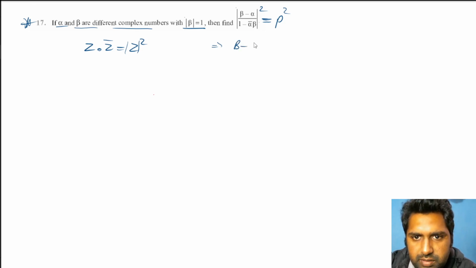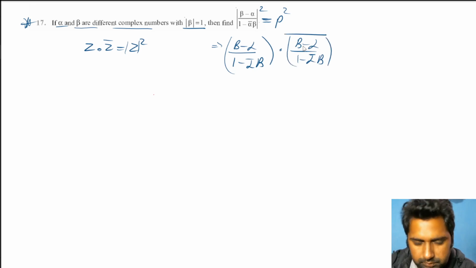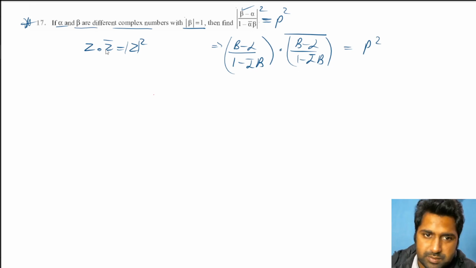That means the product of beta minus alpha upon 1 minus alpha bar beta, this into the complex conjugate of it, beta minus alpha upon 1 minus alpha bar beta, the product of these two should be this expression, and which is equal to p square. That's the first key step in this. So first property is being used.